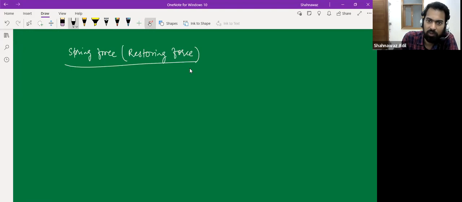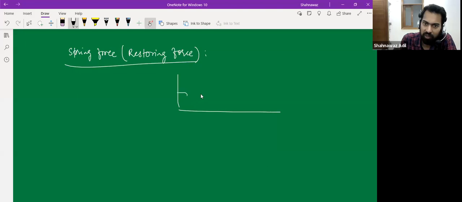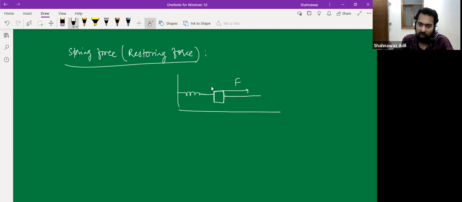So if you have a spring, and you pull this mass over here, so you apply some force, the spring will work against this motion and try to get back. So that force is called the restoring force.